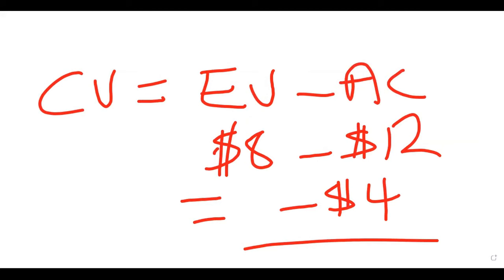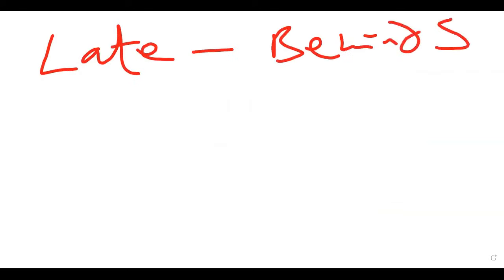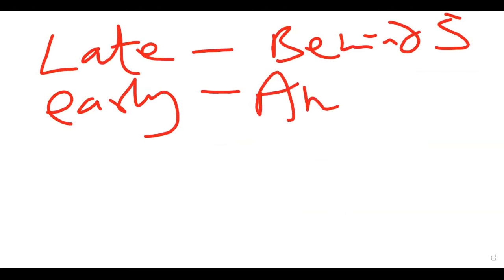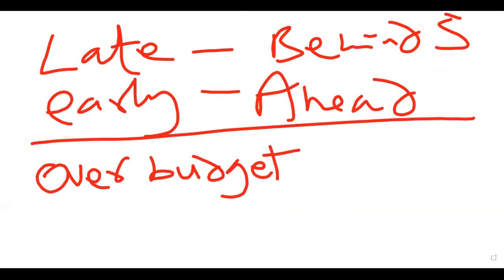So you got to be specific with the over budget, behind schedule, under budget, ahead of schedule, whole mantra, right? So just remember, if you are late, you are behind schedule, right? If you're early, you are ahead of schedule, right? Also remember, in terms of budget, if you have spent more, right, you're over budget, in the hole, as they say.